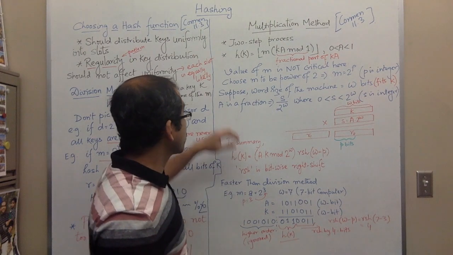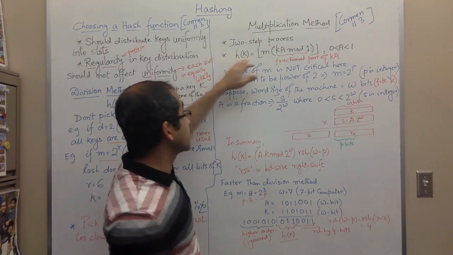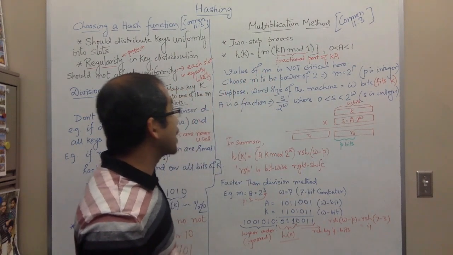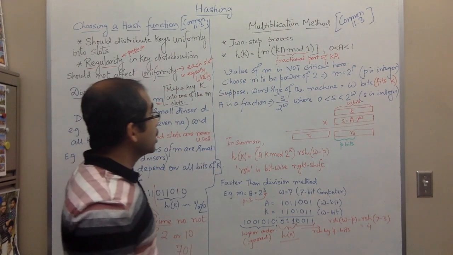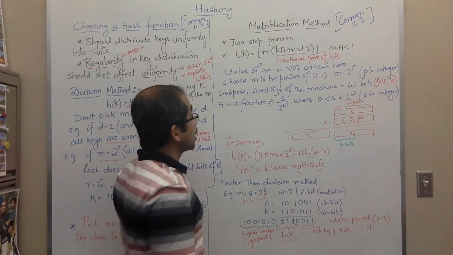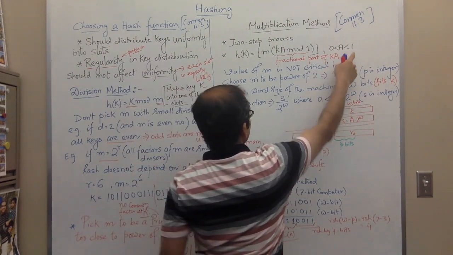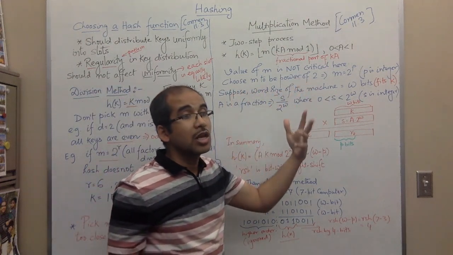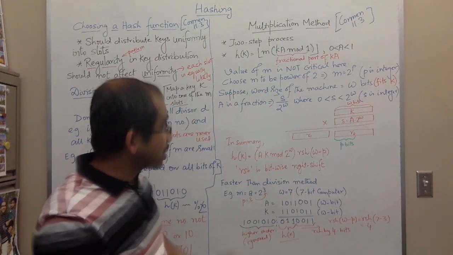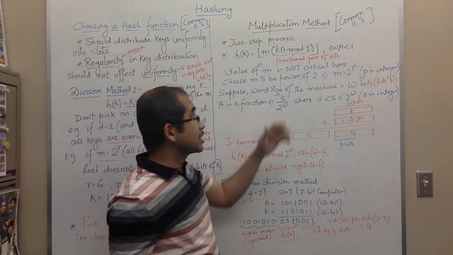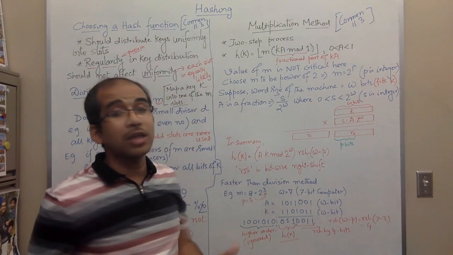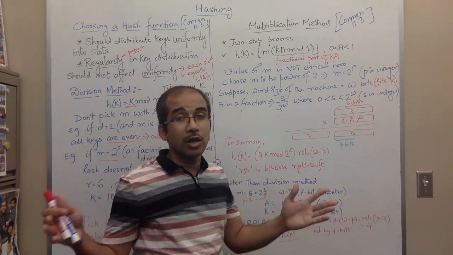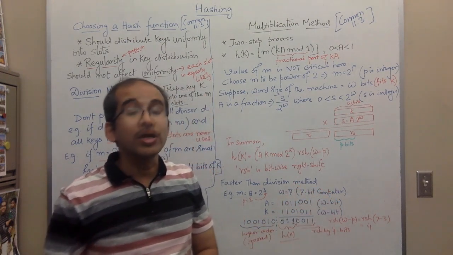The hash function is h of k equal to the floor of m times (k a mod 1). Here a is a fraction. If you see the slides I'll share, they write it a little differently and say that a is an integer between 2 to the power w minus 1 and 2 to the power w, where w is the word size of your computer.